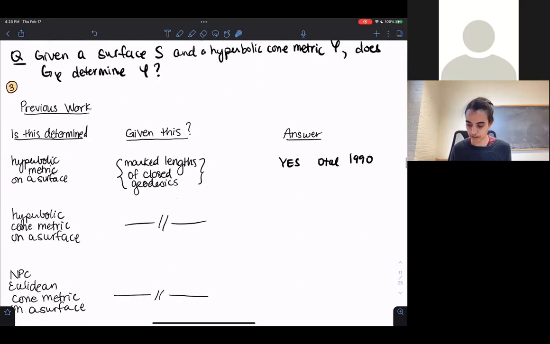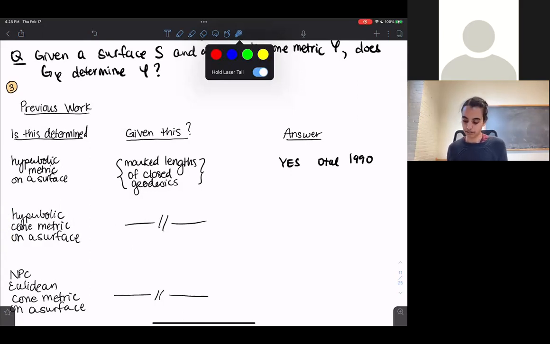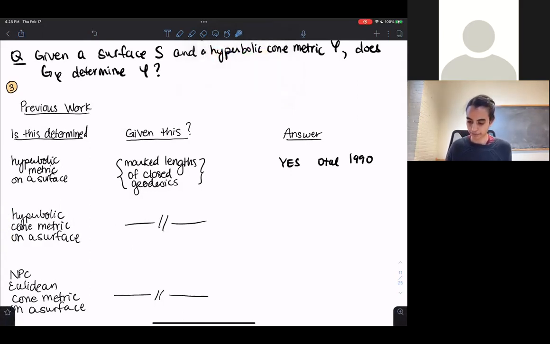So the next question is, let's say you have a hyperbolic cone metric on a surface, and then you're given the marked length spectrum, same thing as before. Can you figure out the metric? So in this case, you can as well. And this is done by Hersonsky and Paulin.